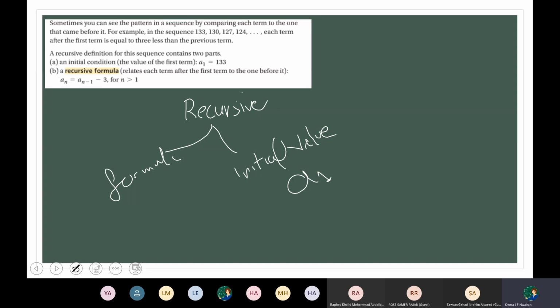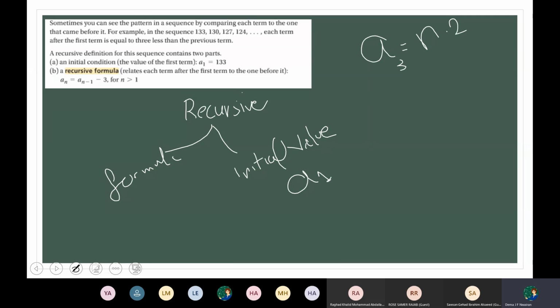Every time for the recursive, I need A1 and I need the formula. And the formula here does not describe any function like the previous one, any term with the number of the term plus n, or multiply by n or any number.